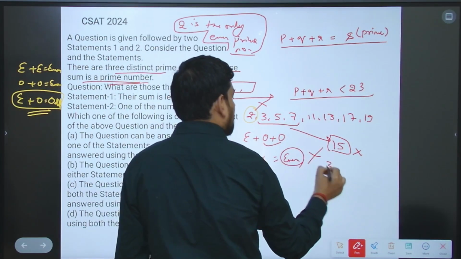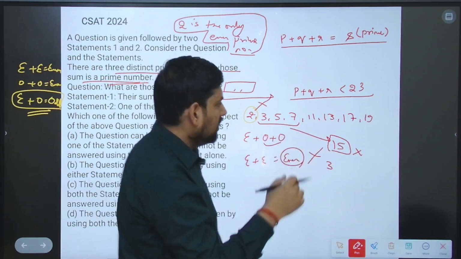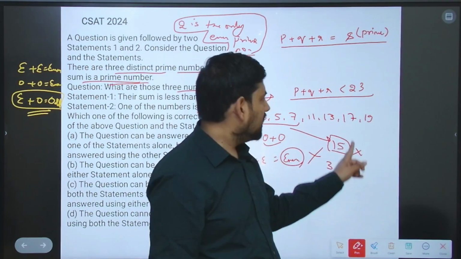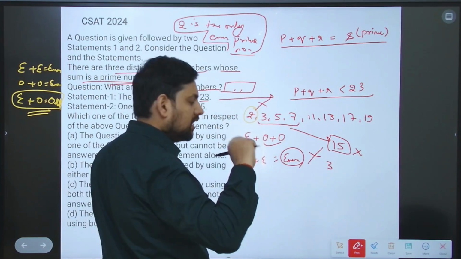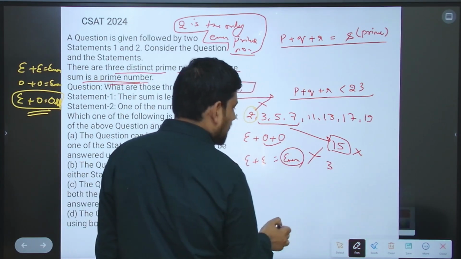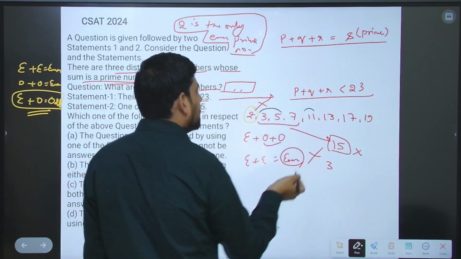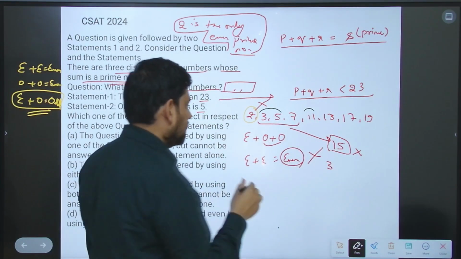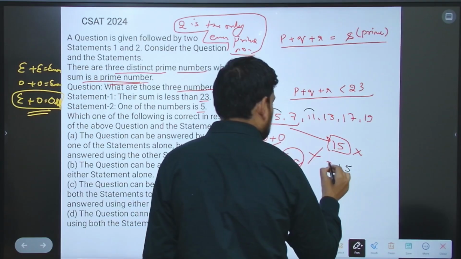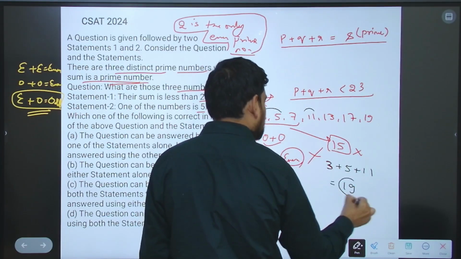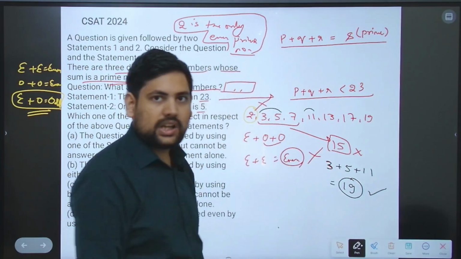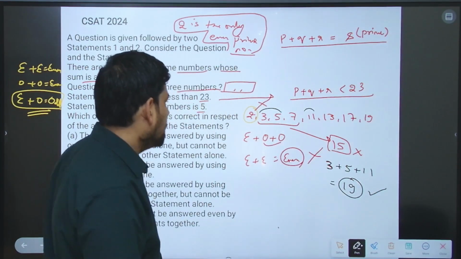I am trying the smaller numbers, because with 17 or 19, if I add anything, it will go above 23. I have tried 3, 5, 7. Now let me try the second lowest sum, which will be 3, 5 and 11. This is 3 plus 5 plus 11. What do you get here? 19. 19 is a prime number. Nice, this is working now.